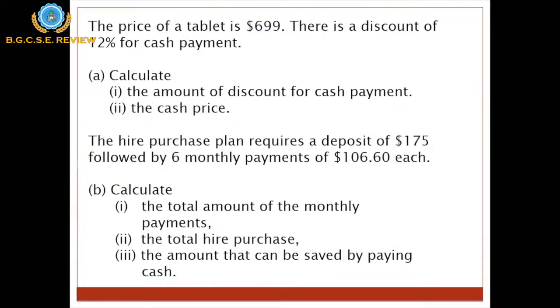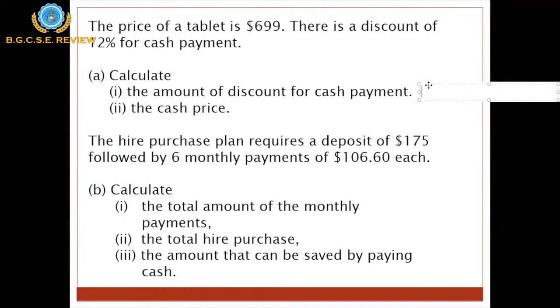All right, so let's go ahead and see if we can answer this question. So right here, I'm going to add a text box beside each question. So again, just to read through the question, it says the price of a tablet is $699.